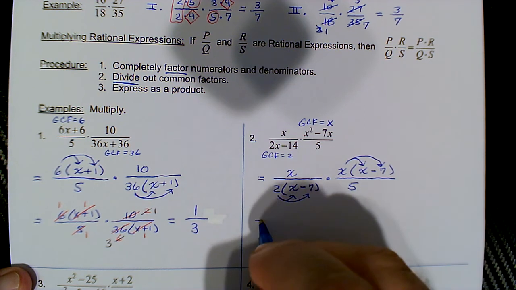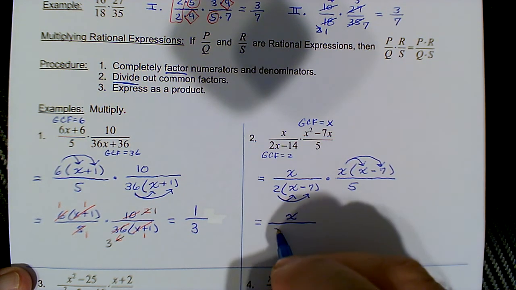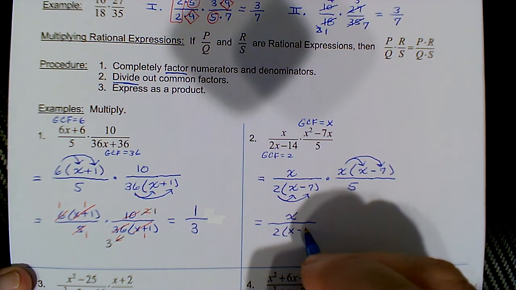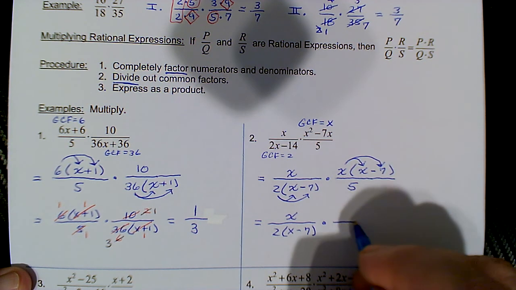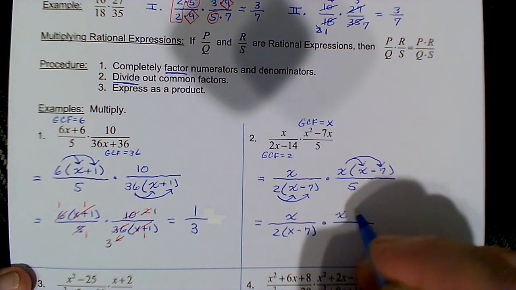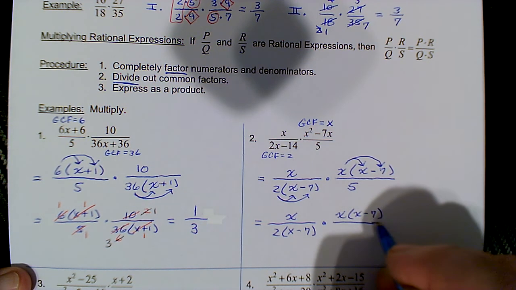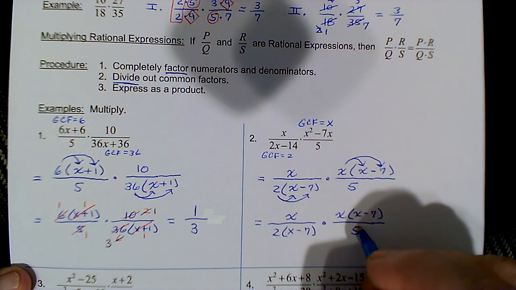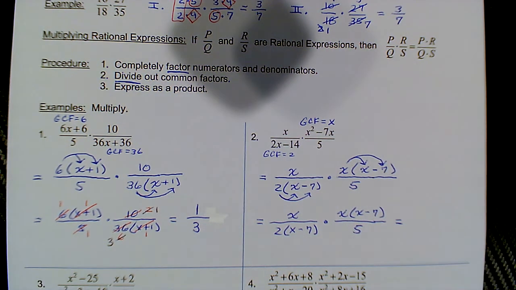Alright, and let me rewrite that again without the arrows. So x over 2 times the binomial quantity x minus 7 being multiplied by x times the binomial quantity x minus 7 over 5. And now we can do some cancellations before we multiply.